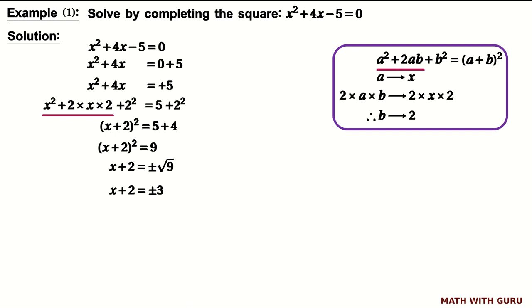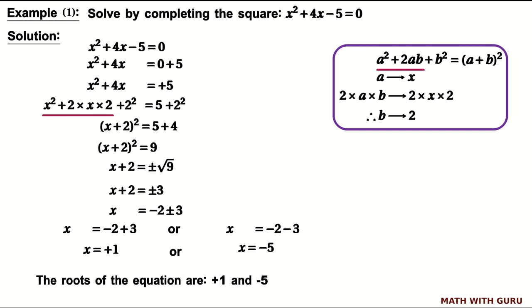Bring plus 2 to the right hand side. X equals minus 2 plus or minus 3. X has two values here. X equals minus 2 plus 3, or x equals minus 2 minus 3. Minus 2 plus 3 is plus 1, and minus 2 minus 3 is minus 5.